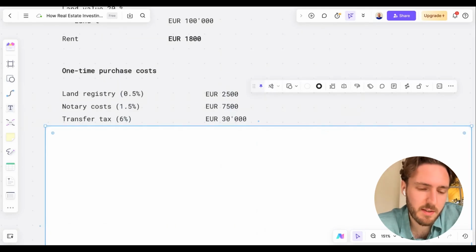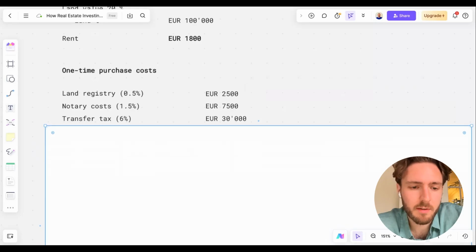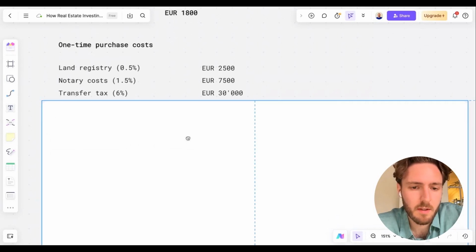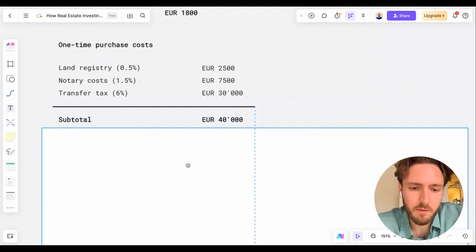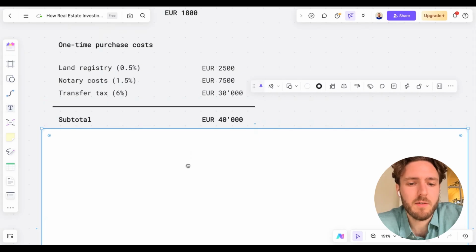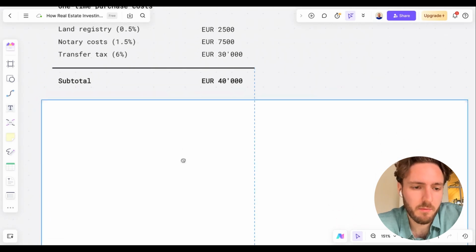The transfer tax is 6%. It can be a little bit different depending on which area you live in Germany, but for example, for Berlin, this is 6%. Adding all of these up, we would have a subtotal of 40,000 euros. For a property of 500K purchase price, you would need 440,000 euros in money upfront.